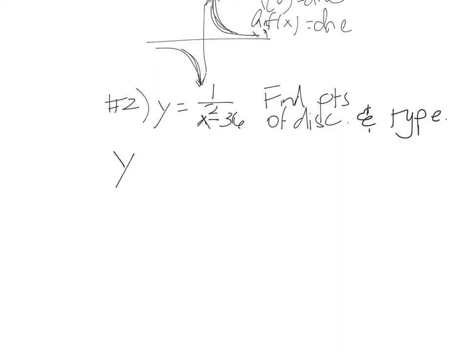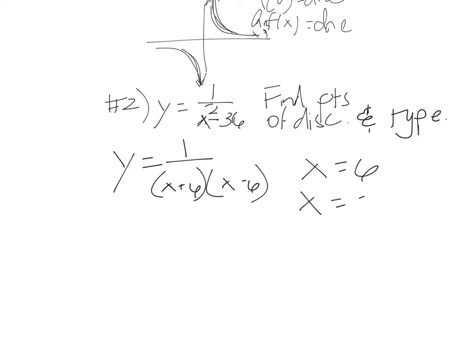So let's do this. If we were to factor the denominator, we would get x plus 6 and x minus 6. So I know that my domain is not all real numbers. Something bad is happening at x equals 6 and at x equals negative 6. Now, neither one of those is a hole in the graph because there's not the same factor up top. So it fails in the same way, and that would be what?